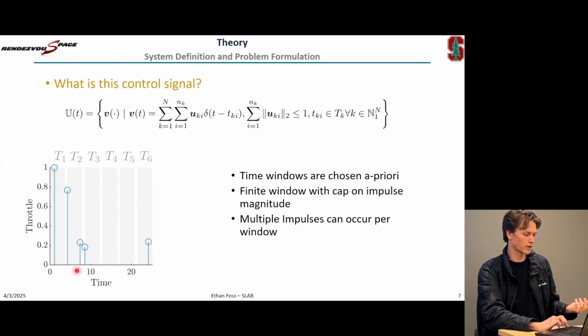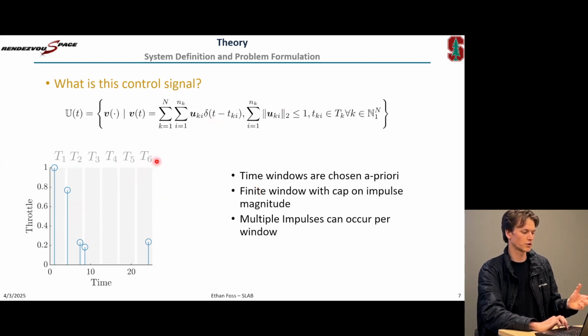In the second time window here, we have two impulsive maneuvers, but you can see that the sum of the impulsive maneuvers is less than 1, which means this also satisfies the constraint. And then in the rest of the time windows, we have no impulsive maneuvers or we have small impulsive maneuvers, which also satisfies the control signal that we are interested in considering. So this specific example right here is an instance of this control signal.